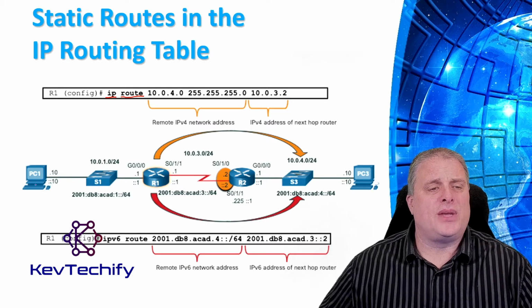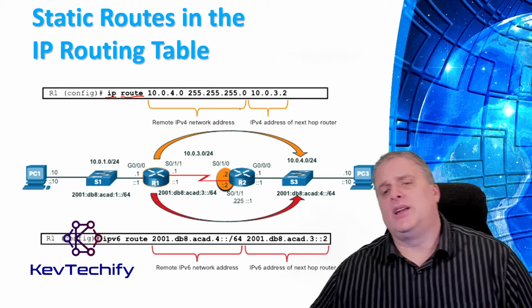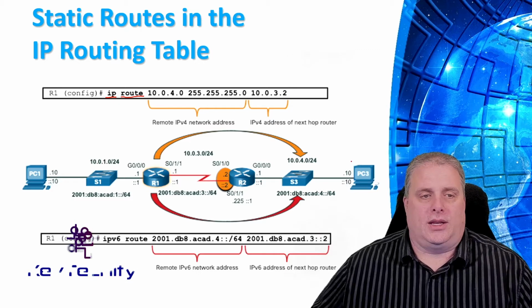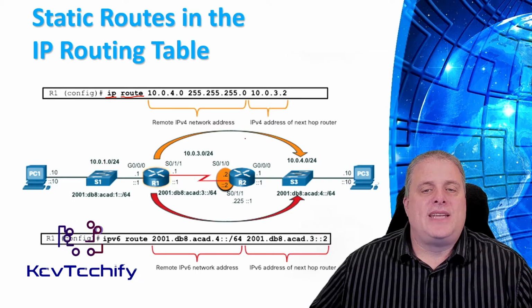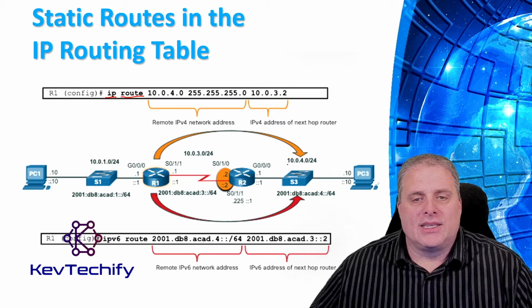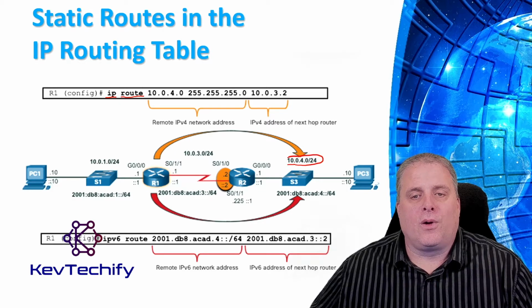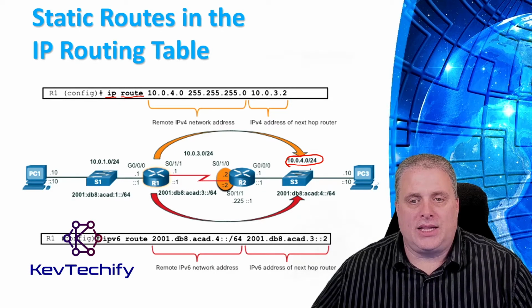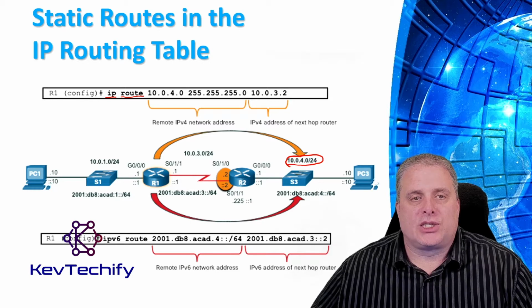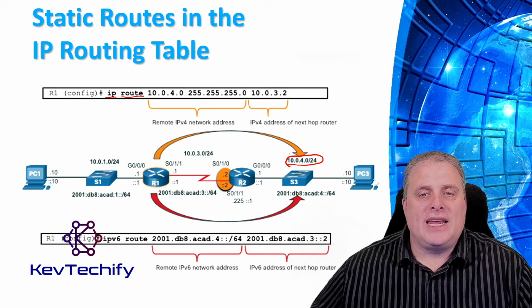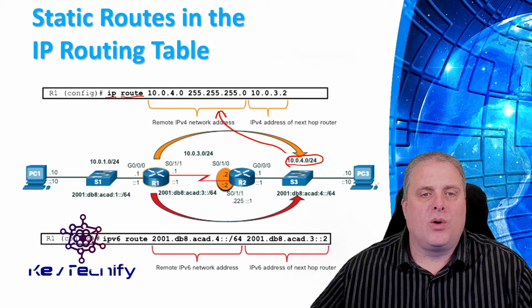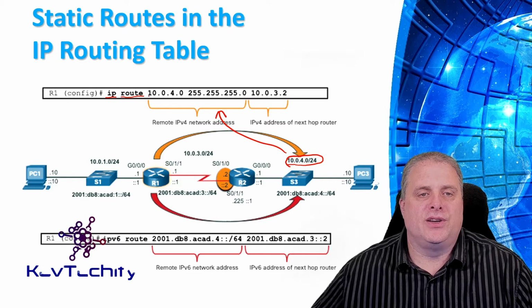In this example, PC1 on the left is sending to PC3 on the right. And so our destination network is this 10.0.4.0 network, 10.0.4.0/24. And that's what goes into this remote IP version 4 network address field.